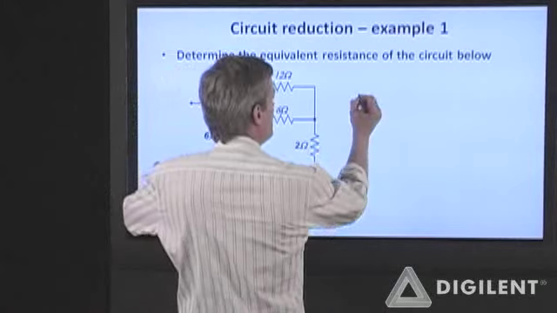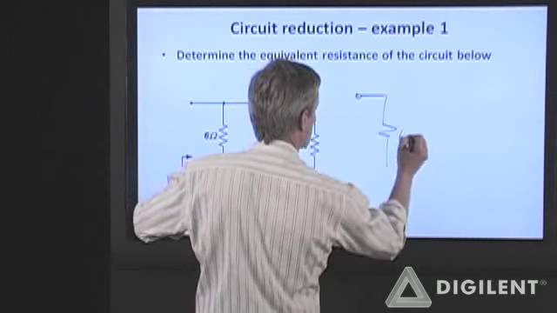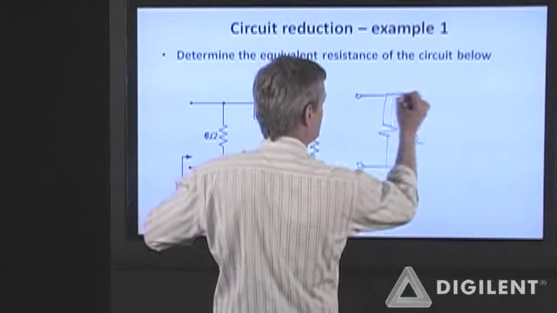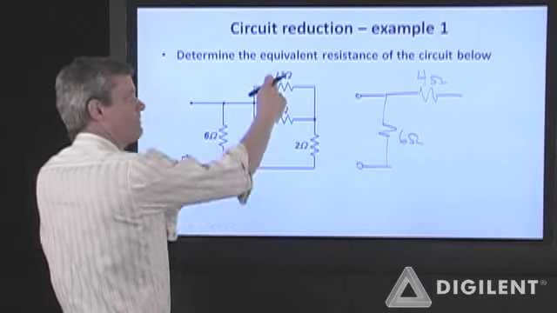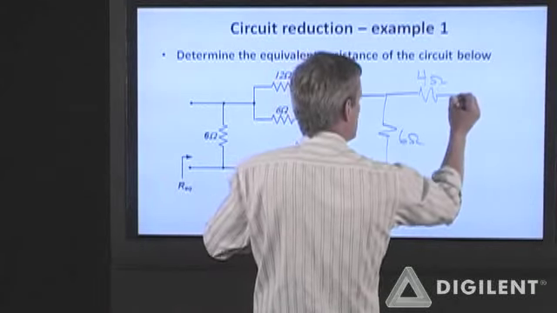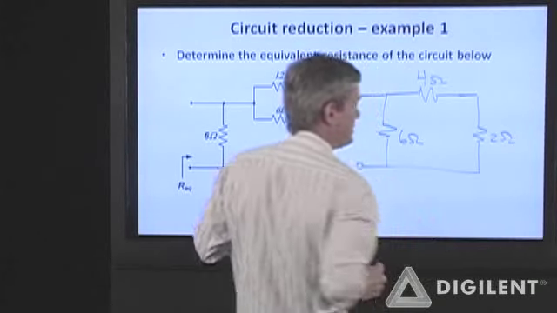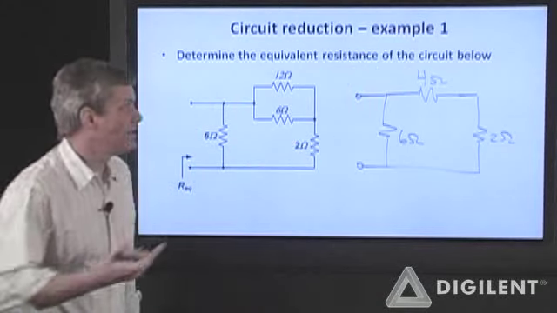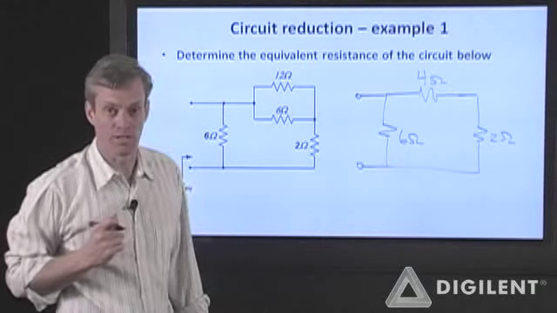So now this circuit becomes a 6 ohm resistor. I determined that the equivalent resistance of these two was 4 ohms, and then I have a 2 ohm resistor. Now I can identify that this 4 ohm resistance is in series with this 2 ohm resistance.